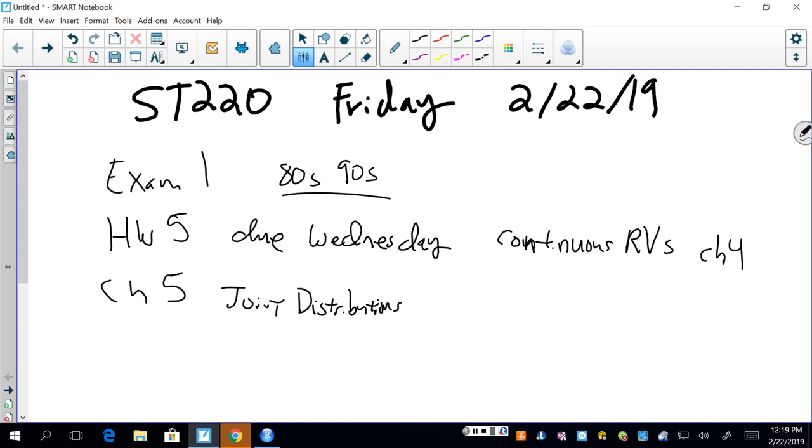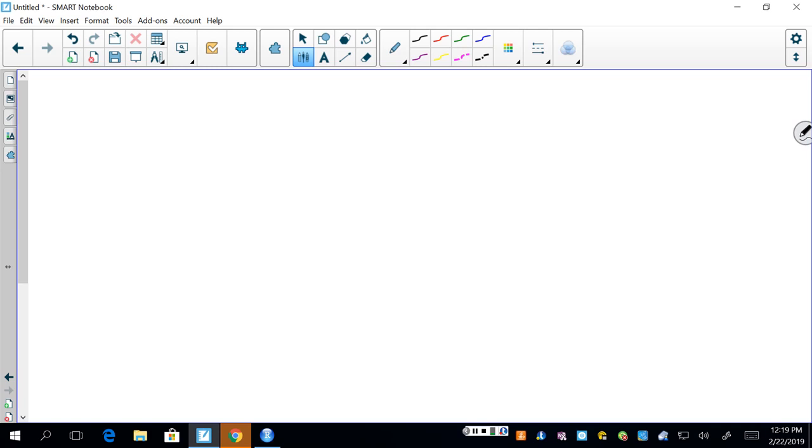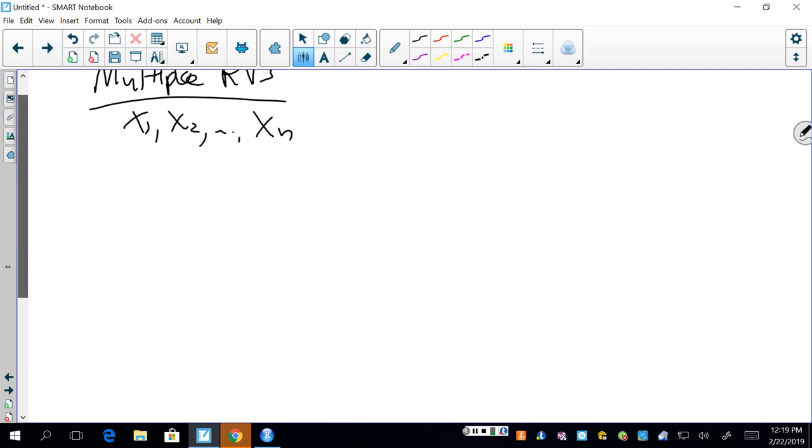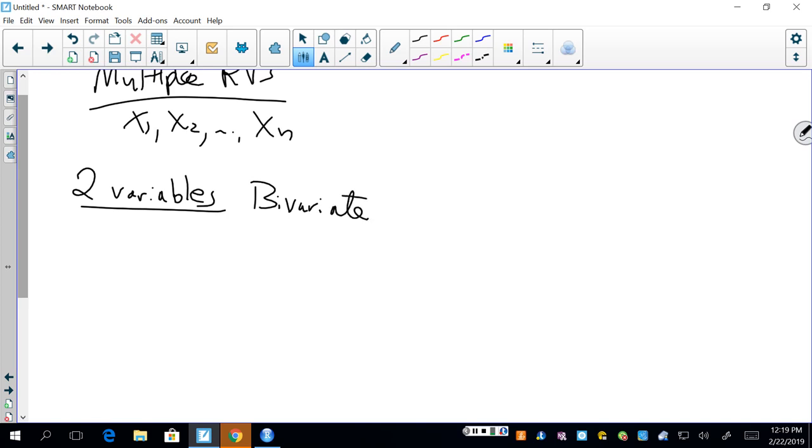So we have multiple random variables. We might be doing x1, x2, up to xn, a bunch of different variables. In the special case where we have two variables, we have what's sometimes called a bivariate random variable, a measurement on two things at once.